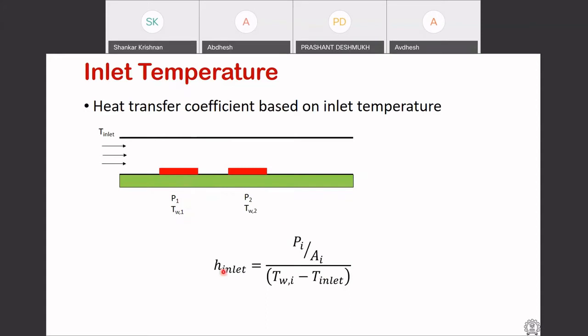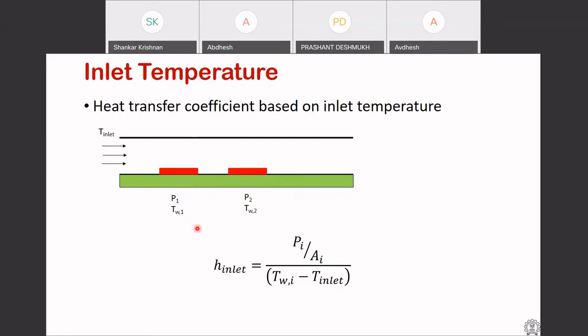So then my inlet-based heat transfer coefficient can be defined as Pi, i being 1, 2, divided by Tw,i minus T inlet.